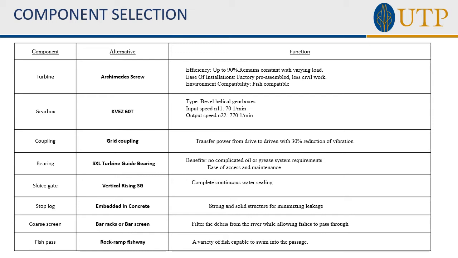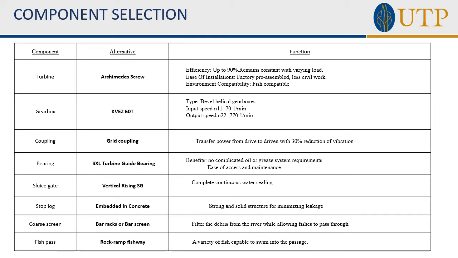The grid coupling is able to transfer power from drive to driven with a 30% reduction of vibration. This means that the grid coupling will have less vibration when transferring power from drive to driven. The bearing used is the SXL turbine guide bearing, with the benefit of no complicated oil or grease system requirement, and it is easy to access and maintain.